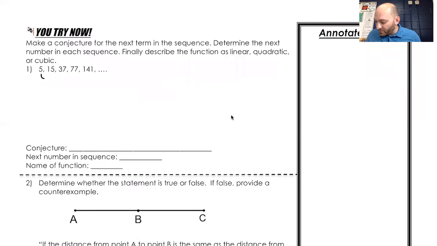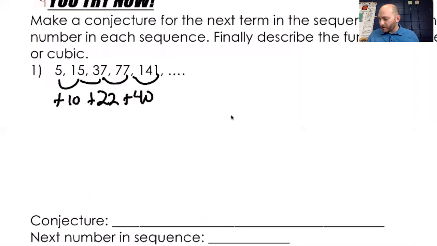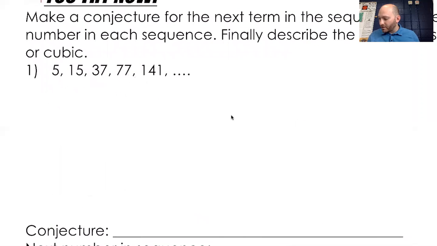So we got 5 to 15, that's plus 10. 15 to 37 is plus 22. 37 to 77 is plus 40. You know what? I'm going to zoom in. Let's redo that.